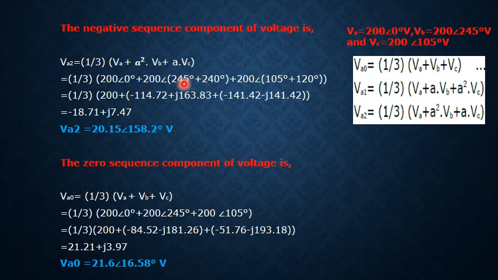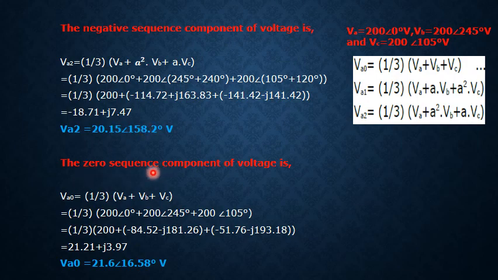So 240 degrees plus the a square angle of 240 degrees, we are going to add up. Similarly, the VC value is 200 at an angle 105 degrees, and the a value is 120 degrees, so we add these two angles. If you simplify it further, we get the negative sequence component voltage as this much.